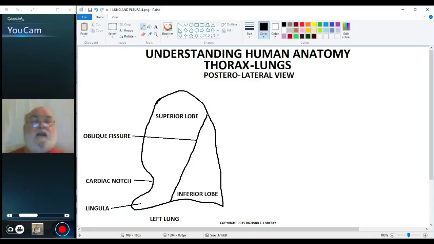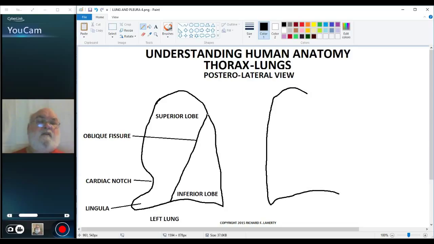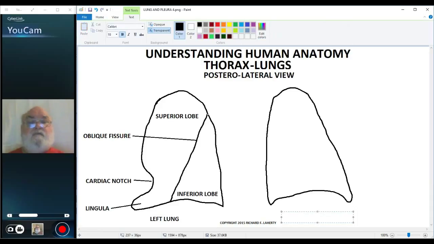Moving over to the right lung. I'll draw it in like so. So that, again, so no one gets confused.